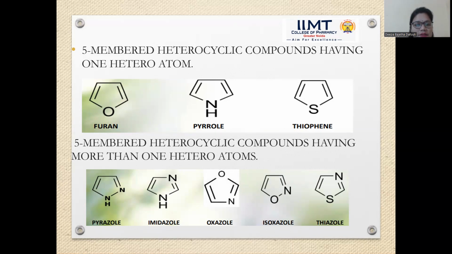First is pyrazole. Here in first and second position, you can see two nitrogen heteroatoms in the ring, and imidazole has nitrogen at first and third position. In oxazole, oxygen and nitrogen are heteroatoms in the ring, and in isoxazole, oxygen and nitrogen are heteroatoms in the ring, and in thiazole, sulfur and nitrogen are heteroatoms in the cyclic ring.